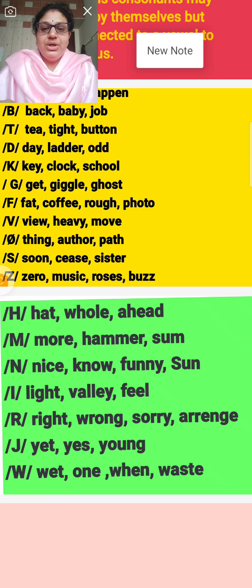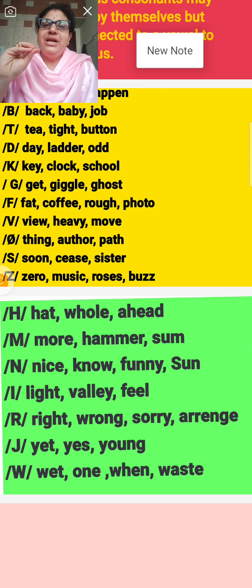So here, a very nice example: Z. Zero, in zero there is the Z. But in music, there is no Z, but it also comes under the Z letter. Roses is also very different.